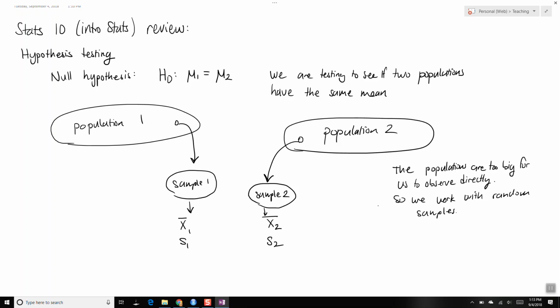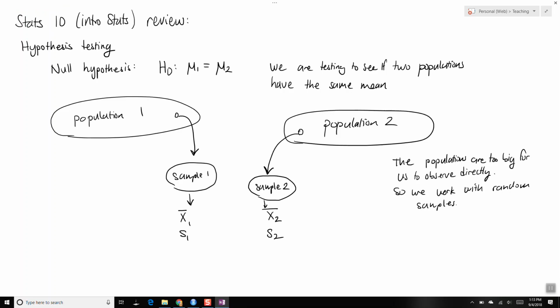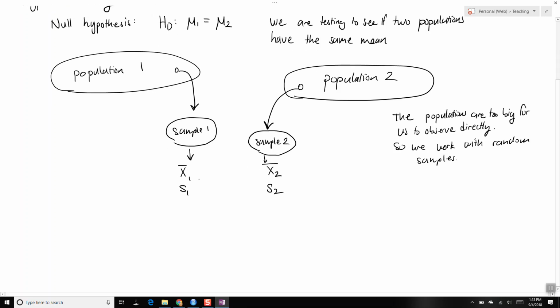Based on x bar 1 versus x bar 2, we try to answer this question: do the populations have the same mean?